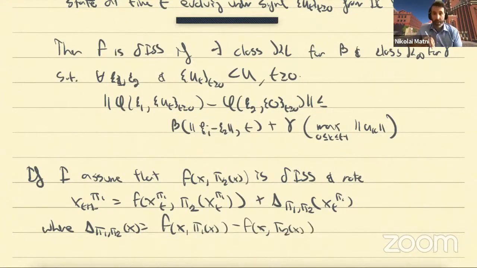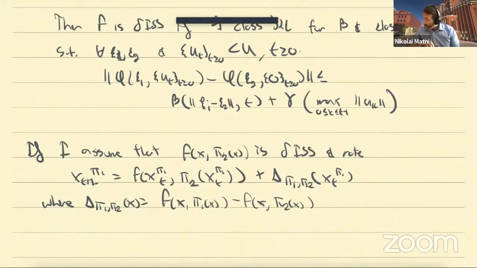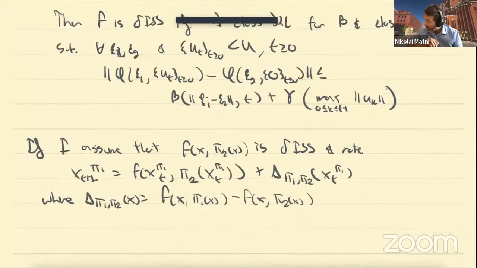Right. So what I'm doing here is I'm taking the trajectory evolving under the policy pi 1 and rewriting it as if it were evolving under policy pi 2 plus some perturbation term, and the perturbation term captures this gap between the two closed loop systems. Then we can actually use the ideas of incremental input to state stability to get a better bound, right?